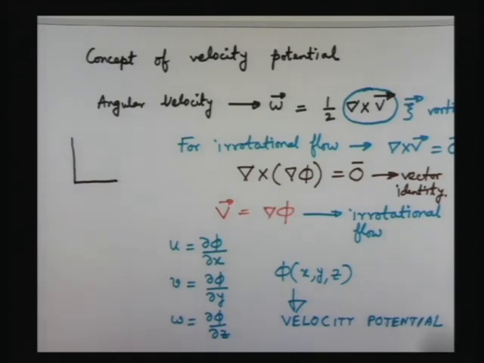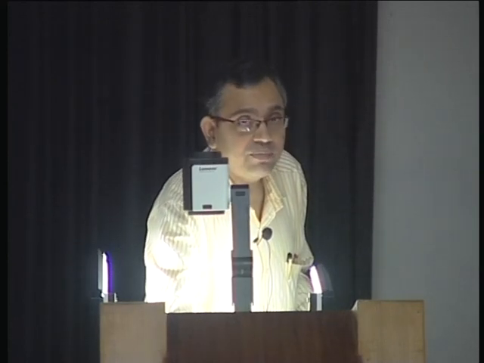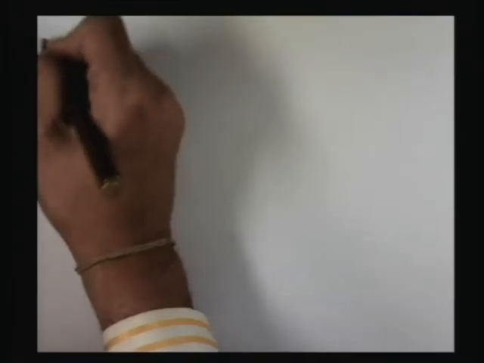Now before proceeding further, let us work out a very simple problem to understand how we can relate the velocity field, stream function, and velocity potential. Let us take an example.